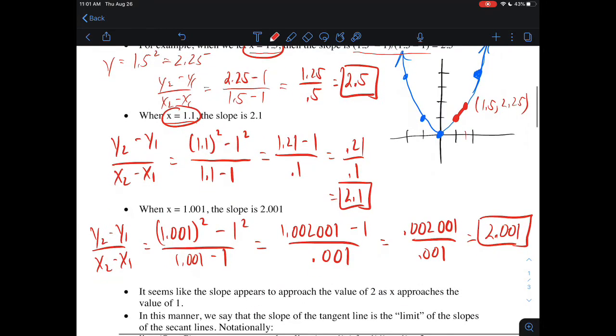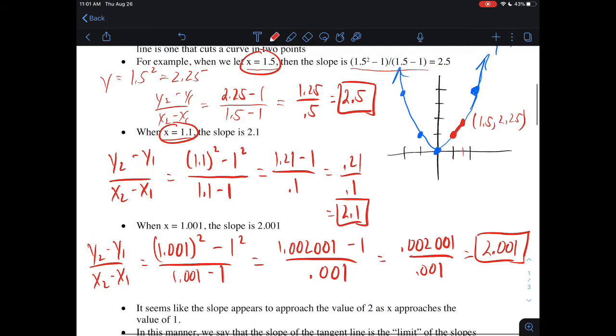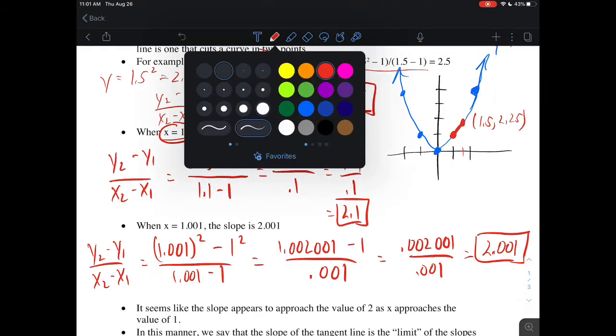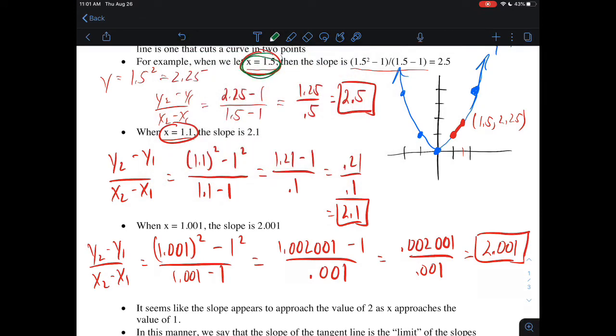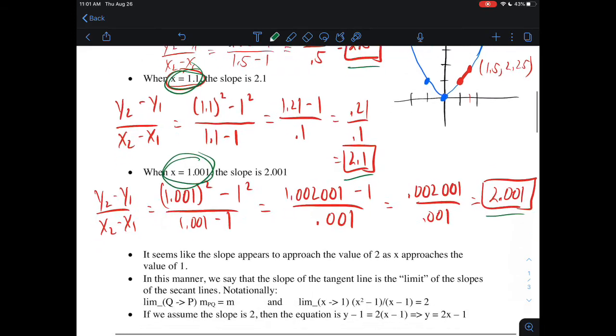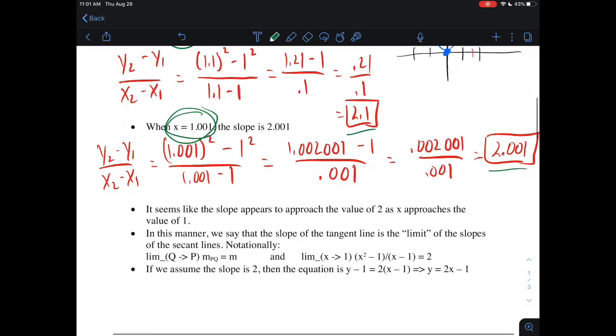So what it seems like is as my x value keeps getting closer to 1, my slope is approaching 2. It seems like the slope appears to approach the value of 2 as x approaches the value of 1.